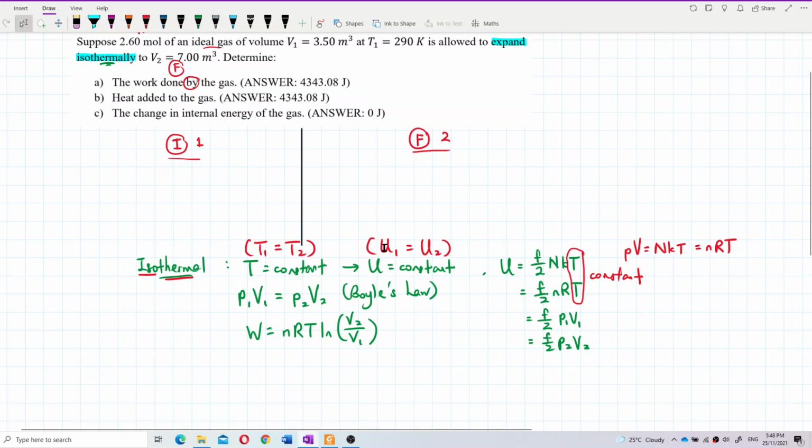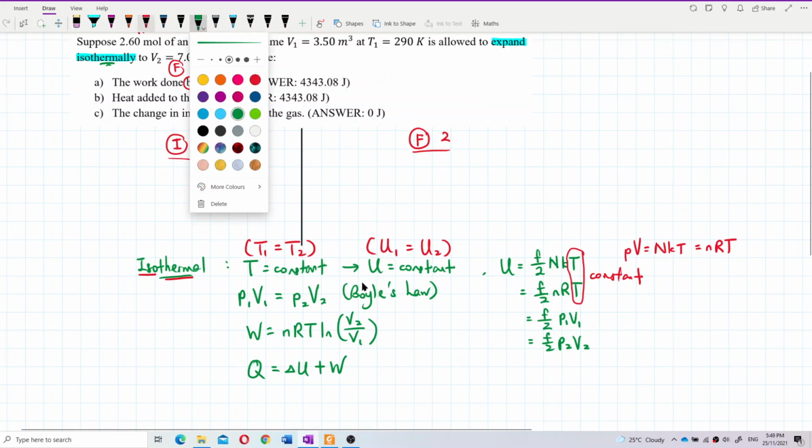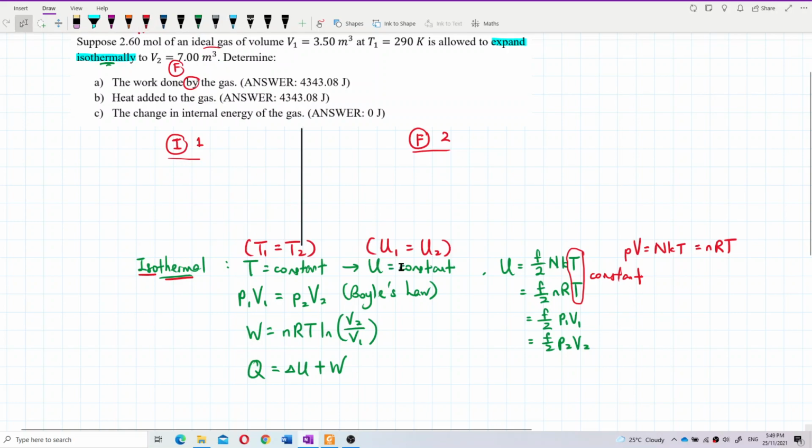So we apply the formula Q equal to delta U plus W. I forgot to say, since the internal energy is constant, because temperature is constant, delta U is 0.